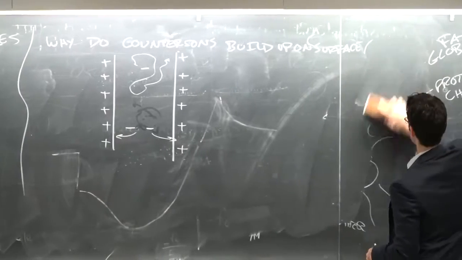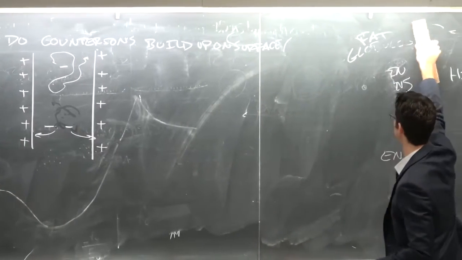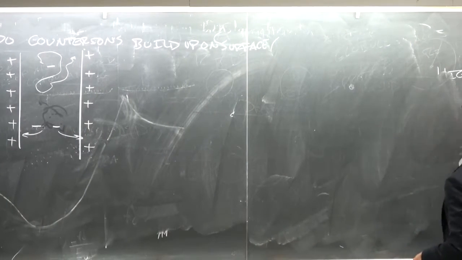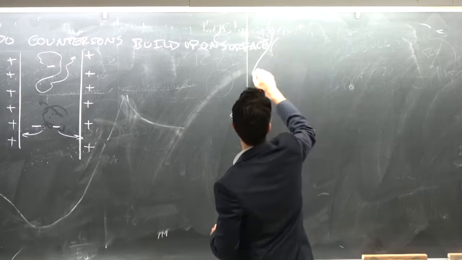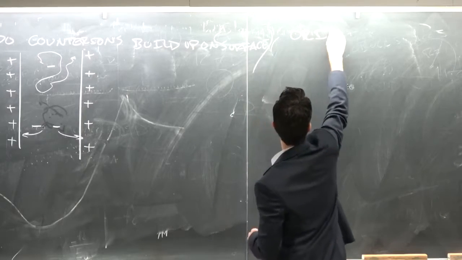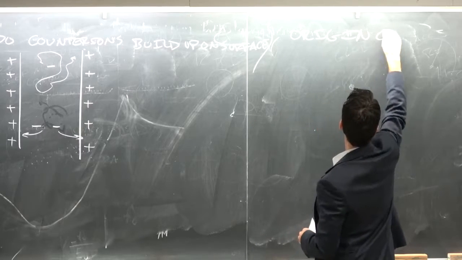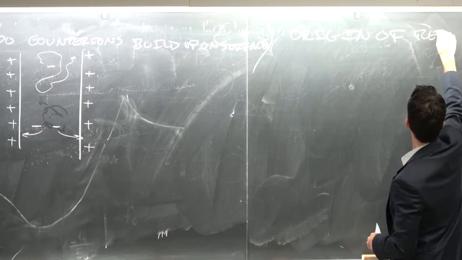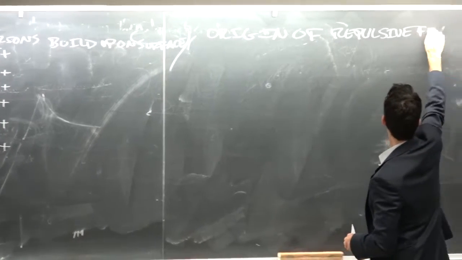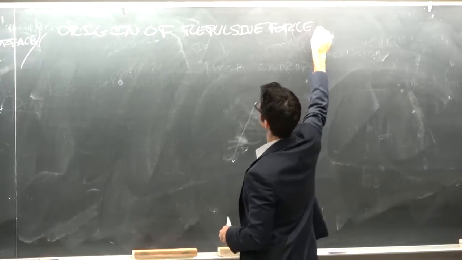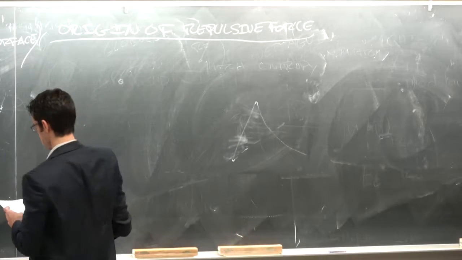So then the origin of the repulsive force: we have this diffuse layer of counterions.